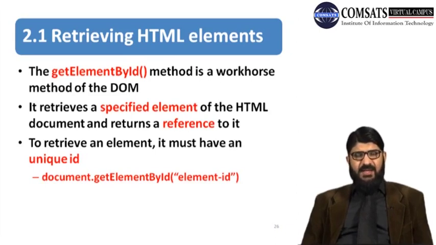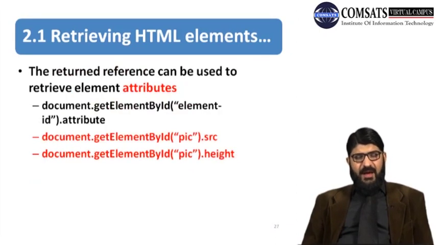So in this way the HTML element can be retrieved, and the returned reference can be used as an attribute. So document.getElementById, and then the unique element ID is mentioned, and then the attribute is considered accordingly.